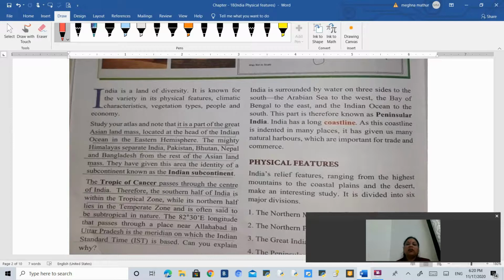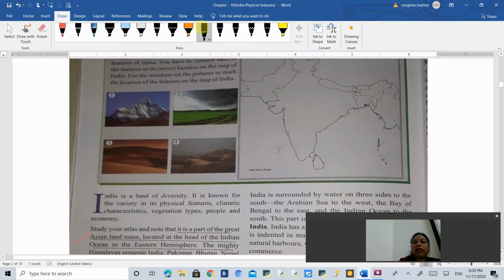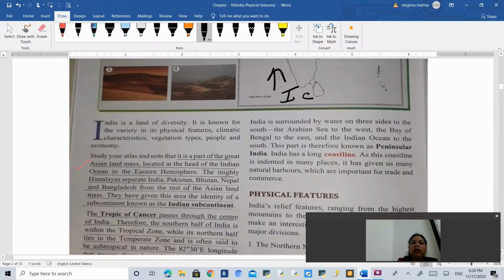As you know, India is part of Asia, which is the biggest continent. You can see that here we have the Indian Ocean, and India is on its northern part. So we can say that on the head of the Indian Ocean we have India.